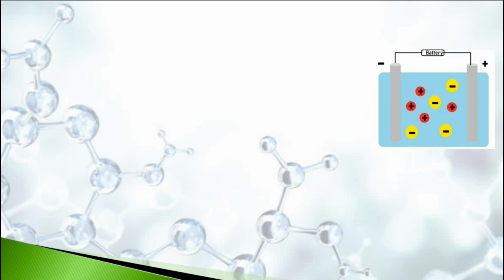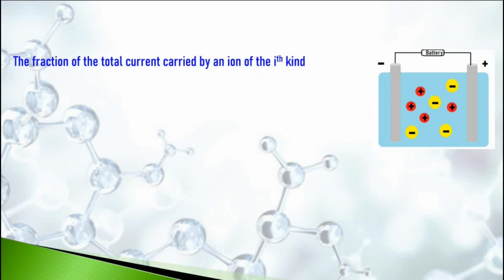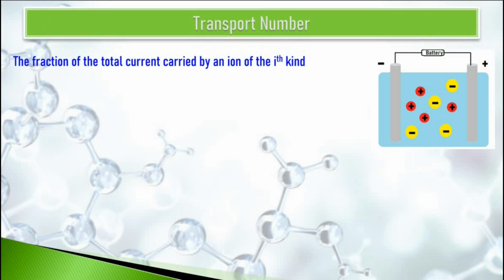So whatever electricity flows through the solution, ions are the carriers of that electricity. And each ion, or better, each type of ion carries a fixed fraction of total electricity passing through the solution. This fraction of total current or electricity carried by an ion of ith kind is known as its transport number.